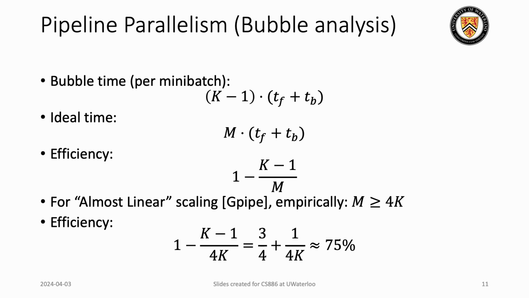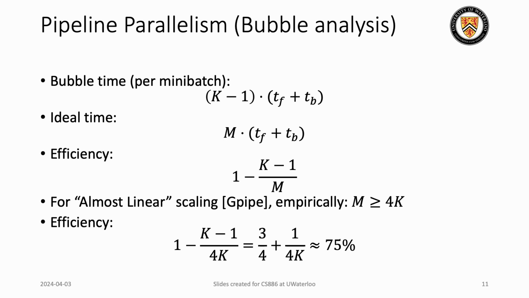The efficiency we get out of that, if you do the calculation, is 1 minus (K minus 1) over M. And in GPipe, they find empirically that for almost linear scaling, you need the number of micro batches to be bigger than or equal to 4 times the number of devices. If you plug this into our analysis here, we get effectively 75% scaling efficiency, which is good enough.